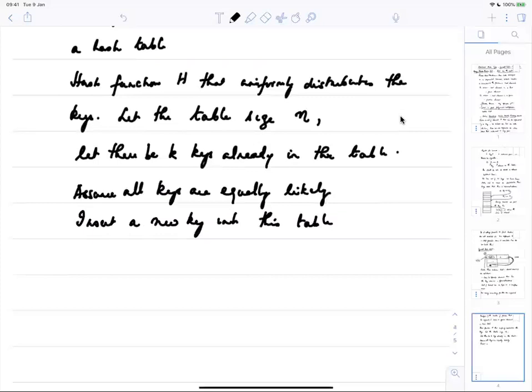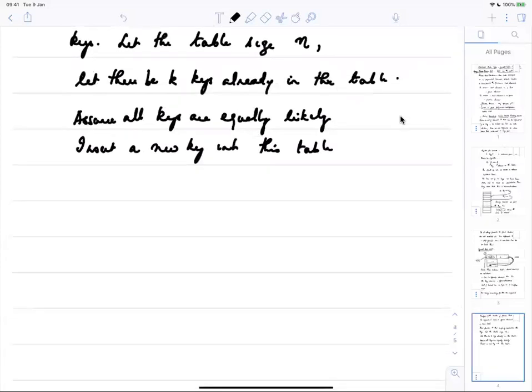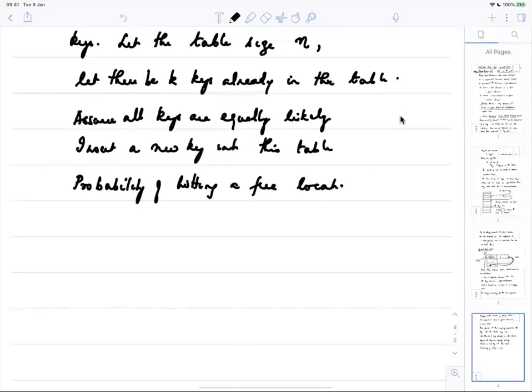Now, the probability of hitting a free location is 1 minus k by n.